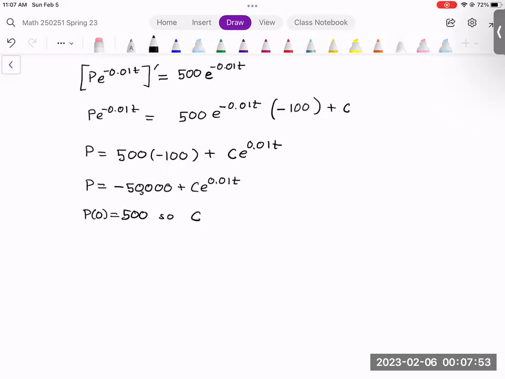So that means that our C is going to be equal to 50,500. Okay, all right. So this is our model, putting in that C value. And this tells us what we expect to see in the account for any t.